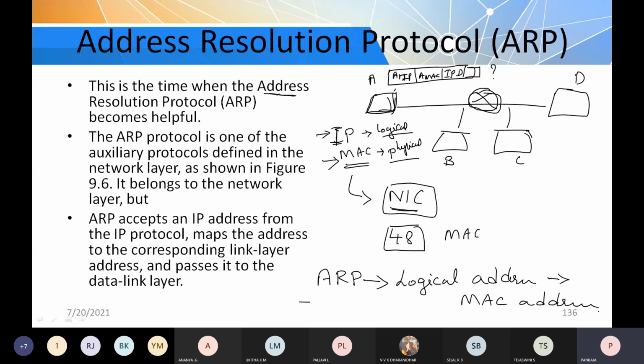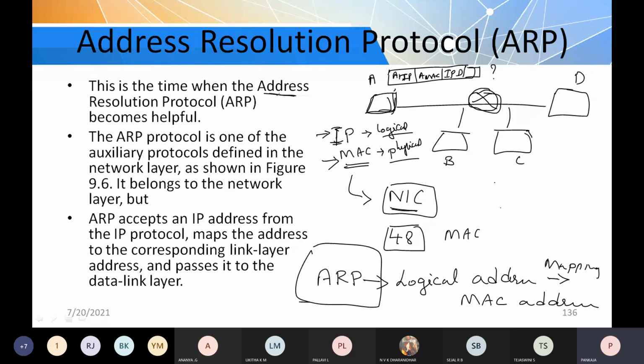What is the procedure, what is the technique used? This is called logical address mapping to MAC address. How is the logical address mapped to the MAC address? That process is taken care of by the ARP protocol. The opposite of this operation is not part of the syllabus, but let me give you the information.